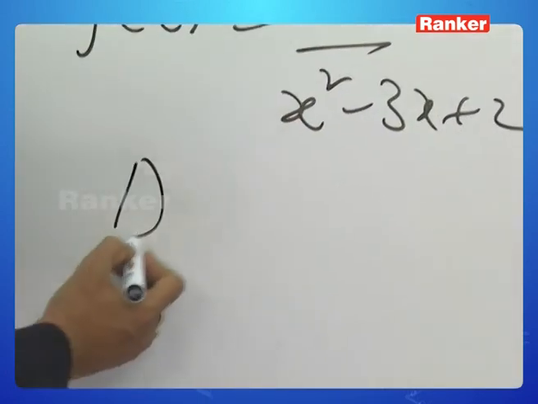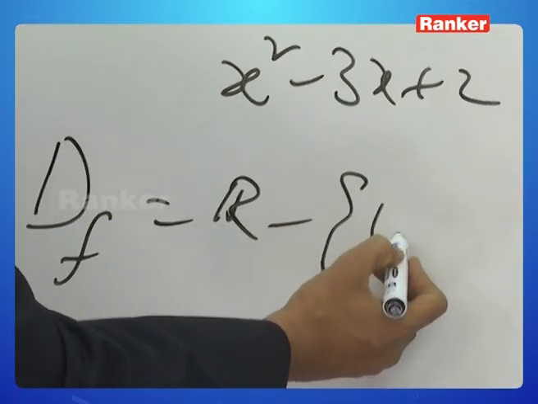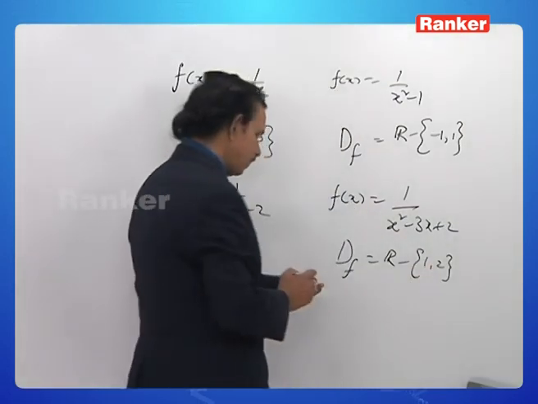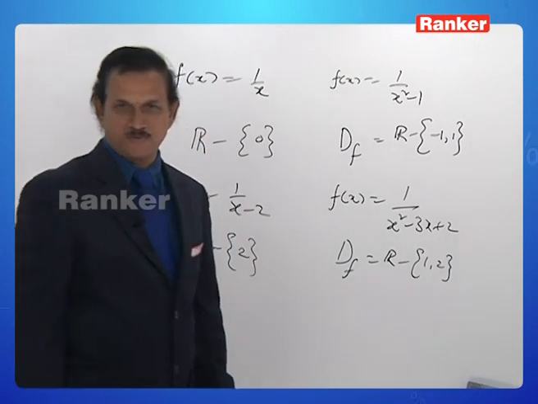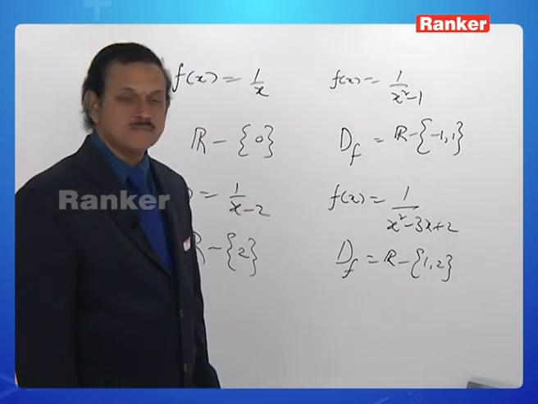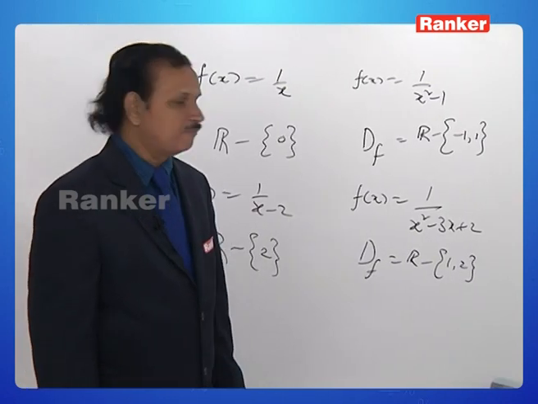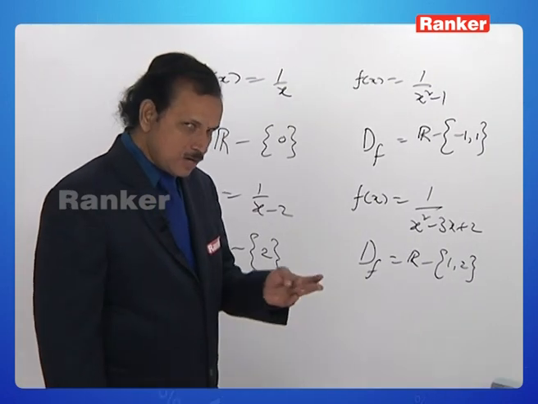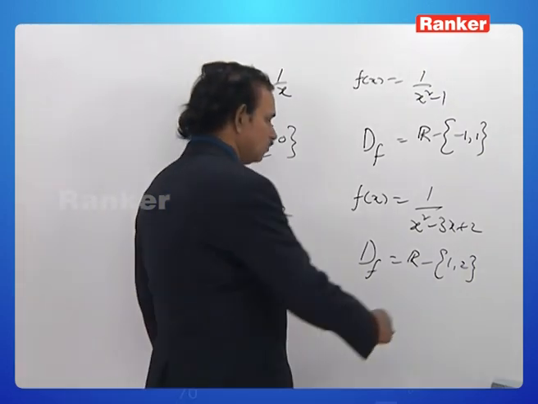Therefore, the domain of the function here is R minus {1, 2}. Why? Because x² - 3x + 2, which lies in the denominator of that function, is just x - 1 into x - 2, and those real numbers which make it 0 are 1 and 2. That is why the domain of the function is R minus {1, 2}.